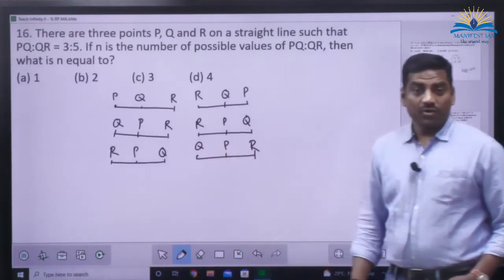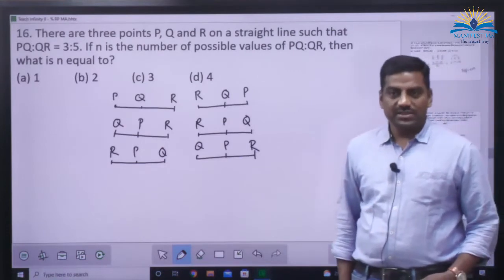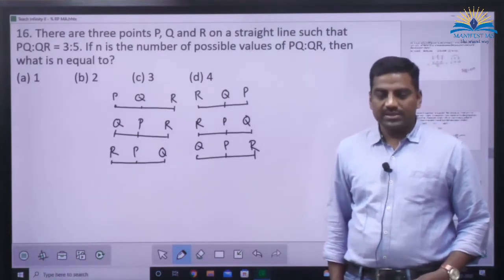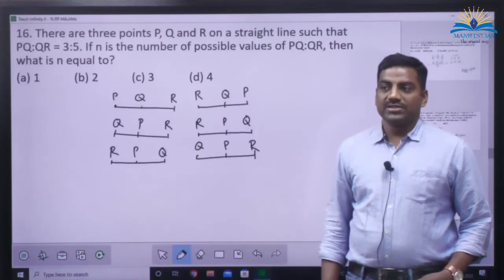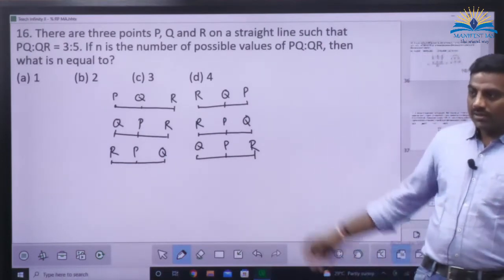But these are the ways of locating. When we deal with permutations and combinations, we get these permutations. 3 points on a line, how many ways can you arrange them? So 6 ways.